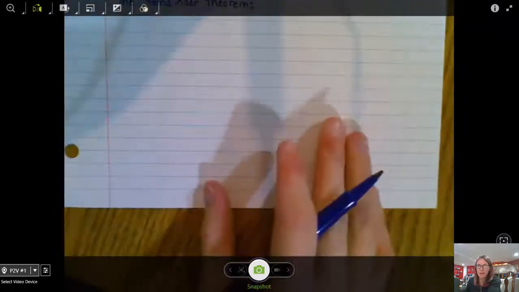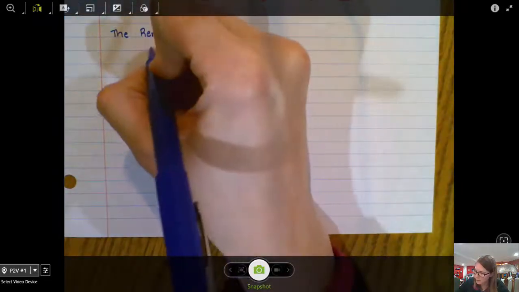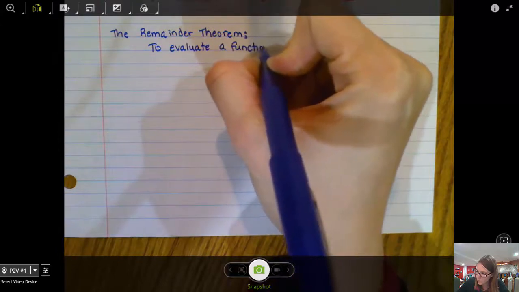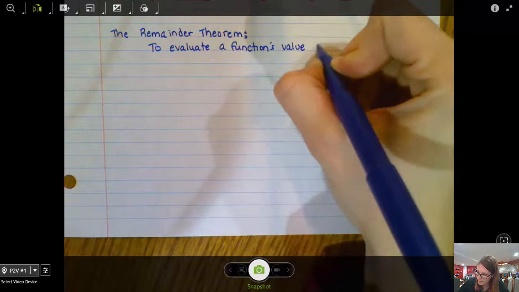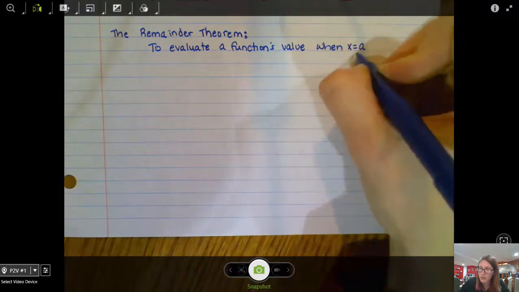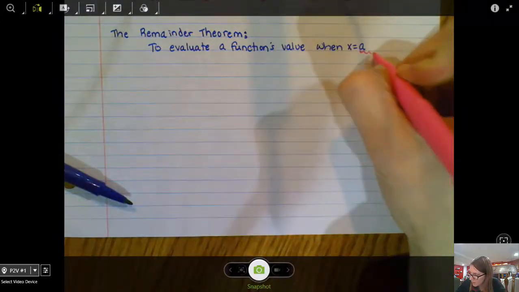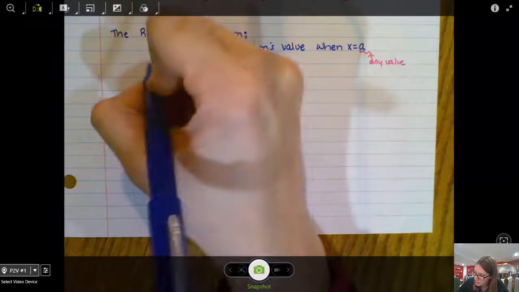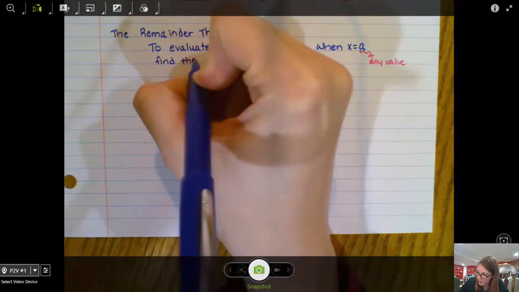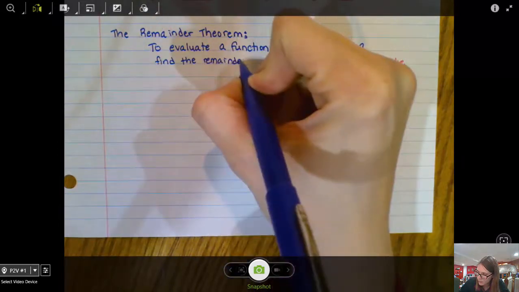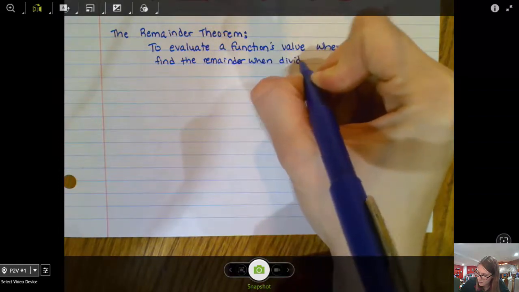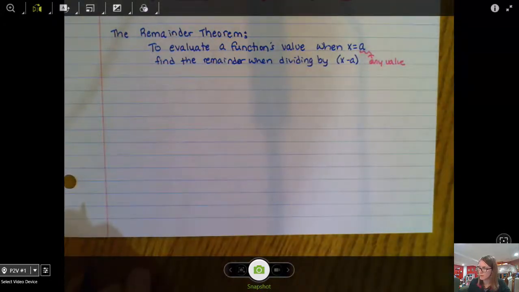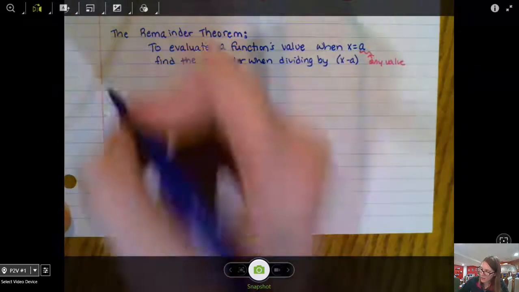Now, the remainder theorem says to evaluate a function's value when x equals some number, so when x equals a, and I'll just make that note there, that a is any value, we can find the remainder when dividing by the factor x minus a. So again, that leads us to example 5.